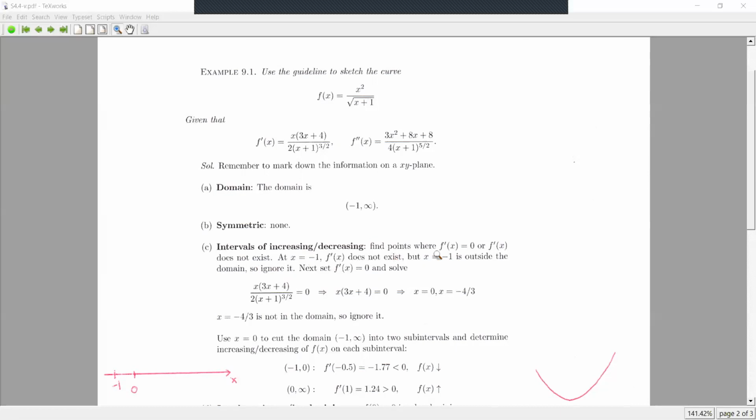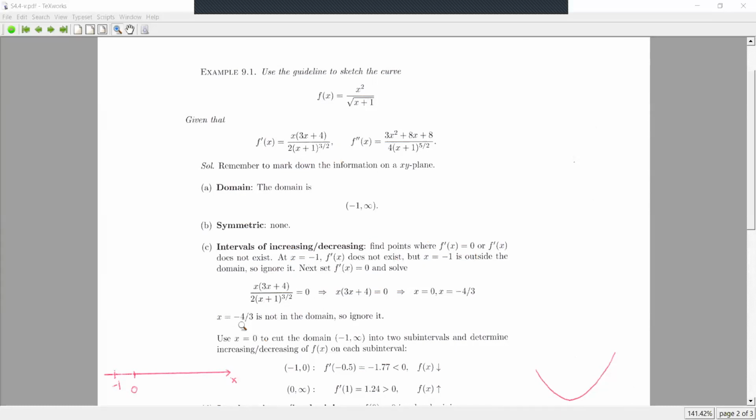Now, find points where the derivative is 0. Set the derivative to 0. Then move the denominator to the right side to get this equation. Then we have 2 points, 0 and -4/3. At these 2 points, the derivative is 0.